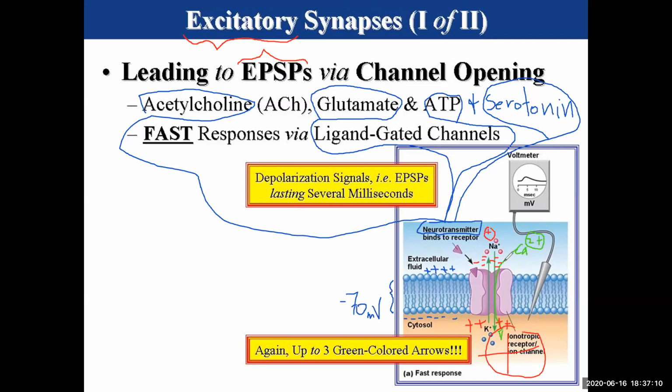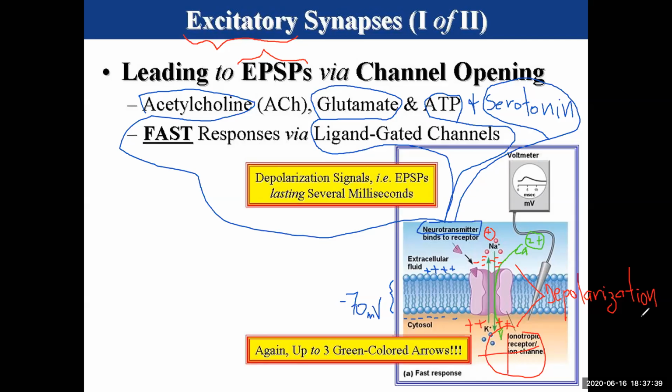Now you just flip the polarity, and this is called a depolarization signal. You just depolarize the cell. You just flip the polarity of the cell. So depolarization.